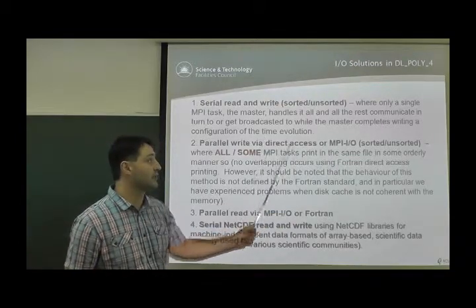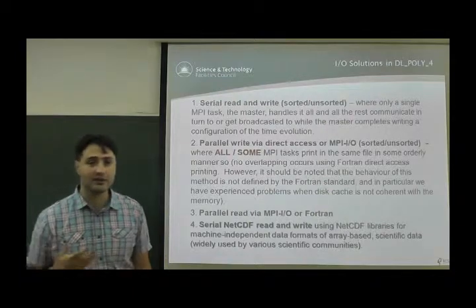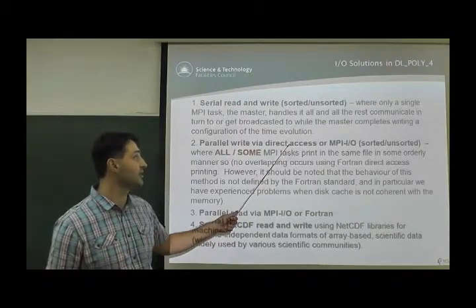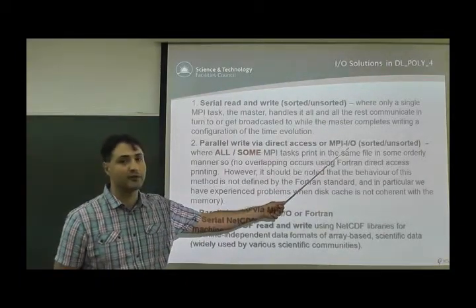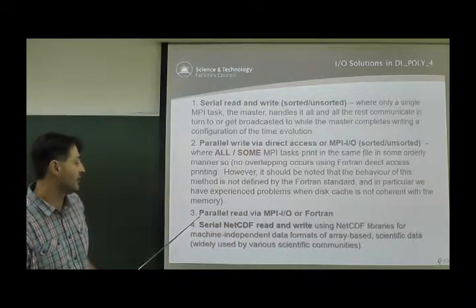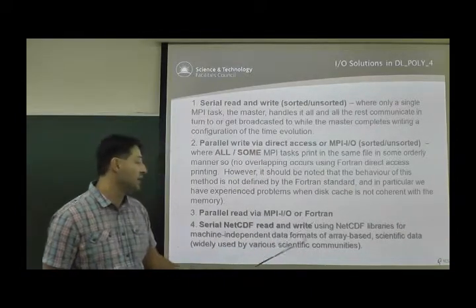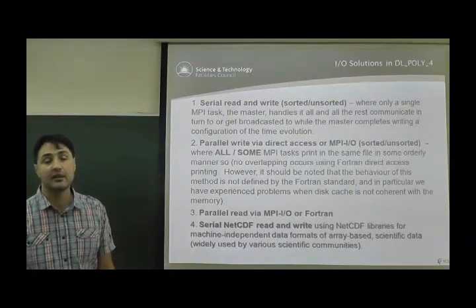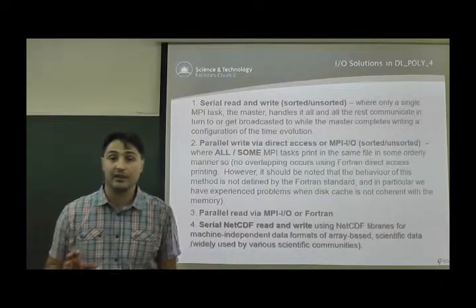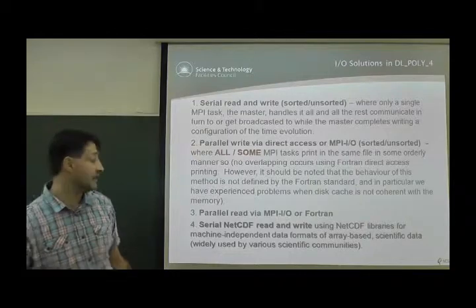Of course, if they use direct access printing, it is not a strict standard, and it may not work on all machines. However, this is the default, and it always works. There's also parallel read via MPI I/O, and for people that are interested in saving their trajectories in portable binary format, we offer serial netCDF.